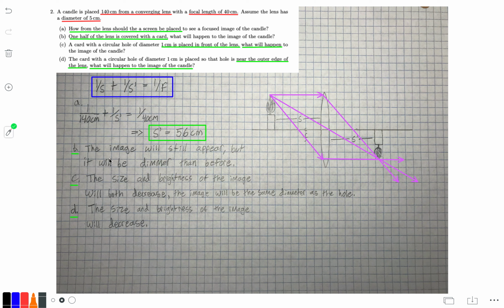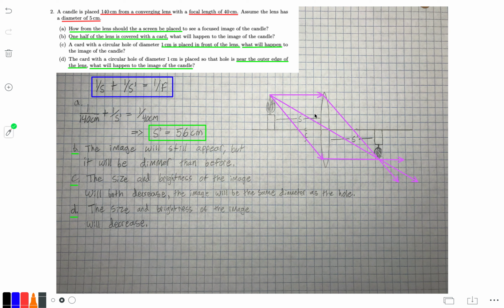For part B, we're imagining that we're putting a card that's going to cover some of these rays. I've drawn these rays just so you can visualize this for yourself. If this orange right here was blocking these rays, some of the rays are still passing through, as you can see here.